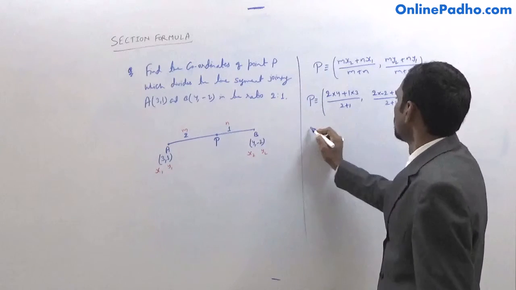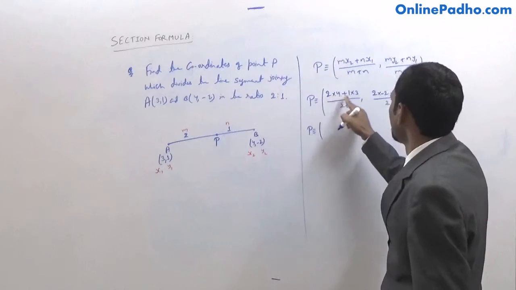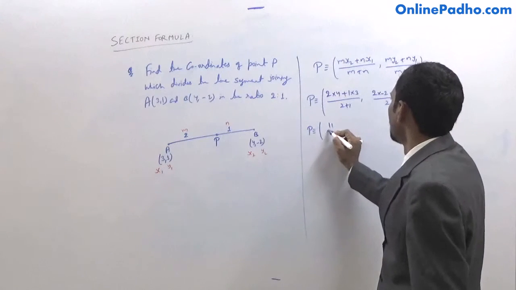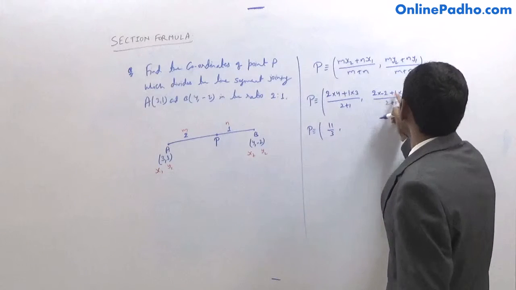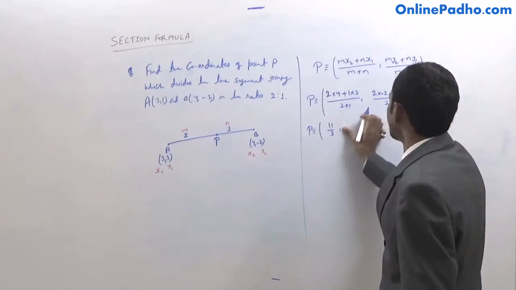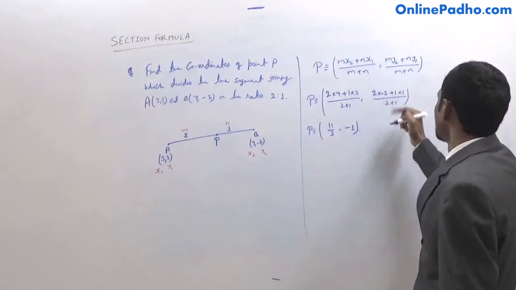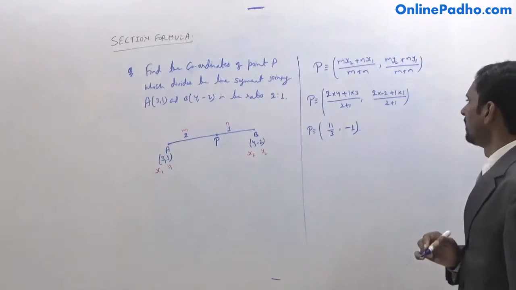Right? So you can say the coordinate of point P is 4 times 2 is 8, plus 3, 11 by 3, and minus 4 plus 1, minus 3 by 3, that will be minus 1.